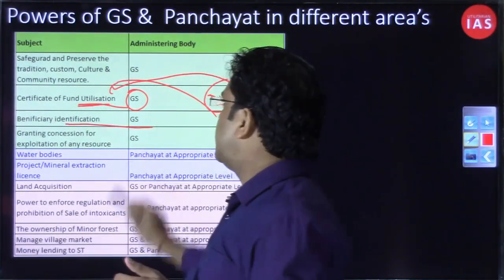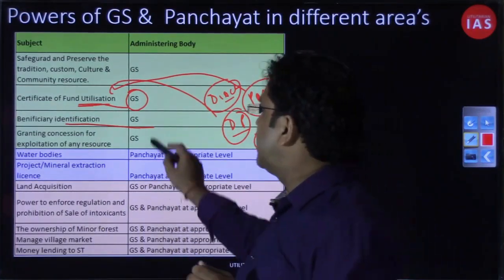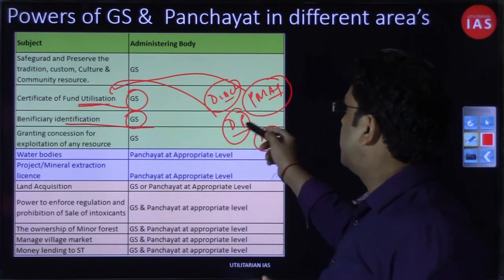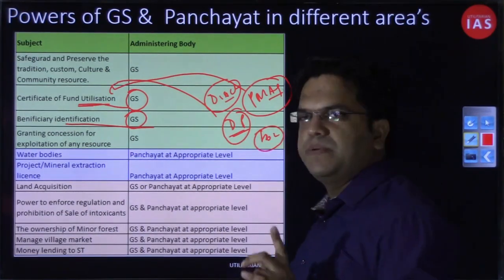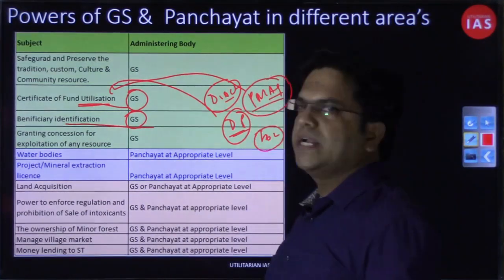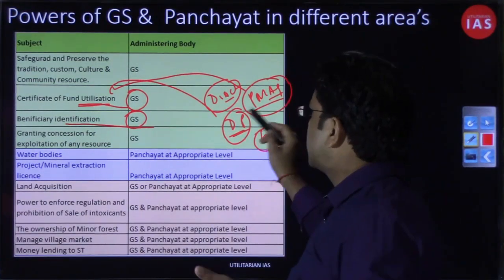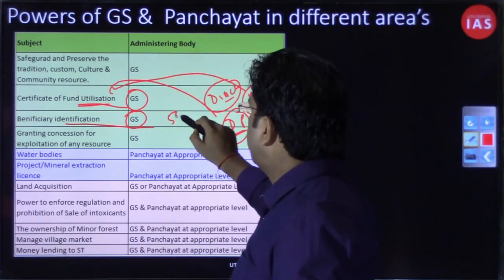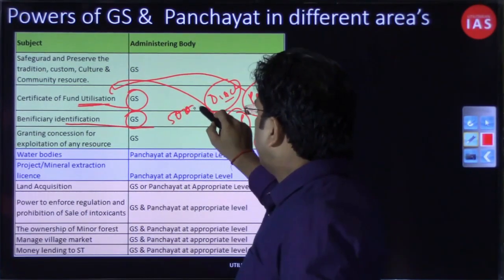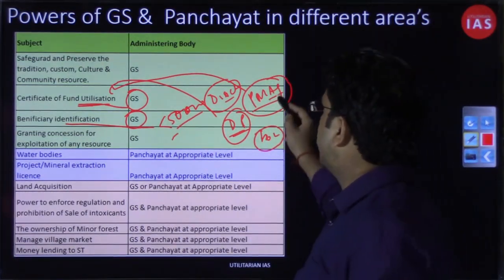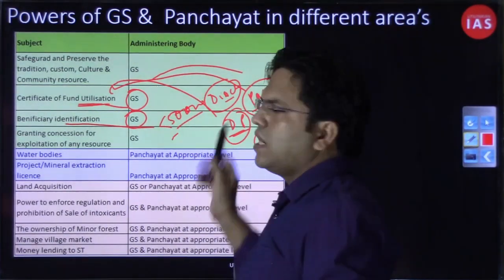Now beneficiary identification. Beneficiary identification will also be done by the Gram Sabha, right? In the similar example, the district panchayat was the implementing authority for this Prime Minister Awas Yojana. Now who should get it? Suppose, taking an imaginary example, people earning below 5 lakhs will be eligible beneficiaries for this scheme.